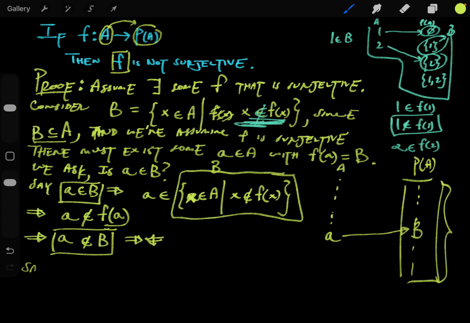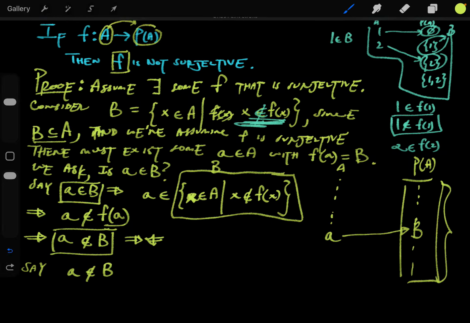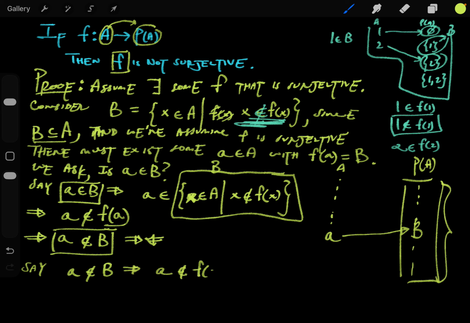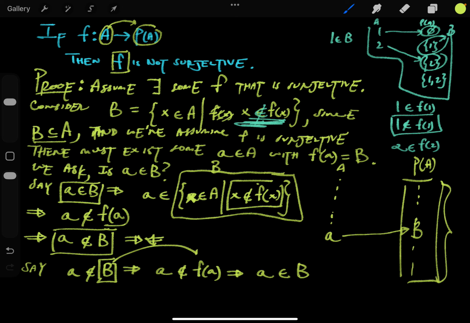Now, what's the other alternative? The other alternative is to say that a is not contained inside B. But then this immediately means that a is not contained inside f of a, because B is just f of a.